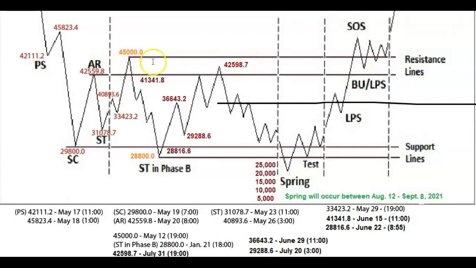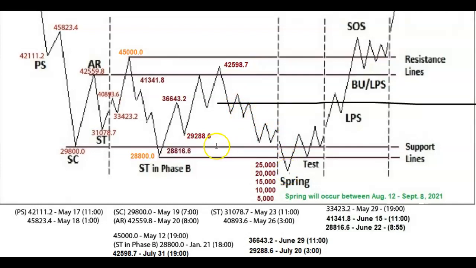That was the top of the resistance line here, and we potentially are now moving down into the spring, because now we've hit this low point here, and we've hit this top point here, and now I believe we're really starting to watch it struggle, and we're heading down to the spring.